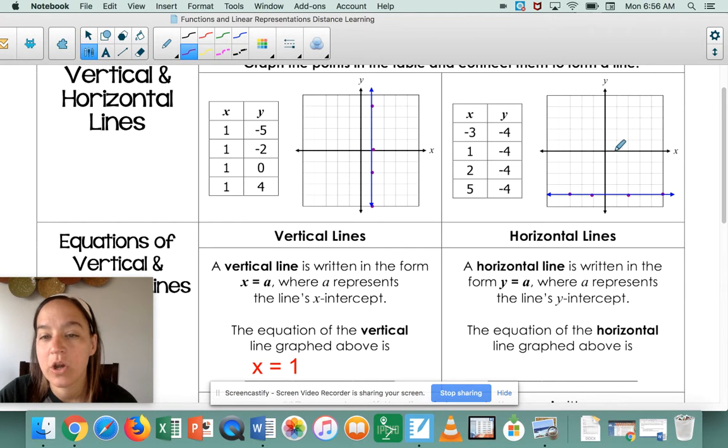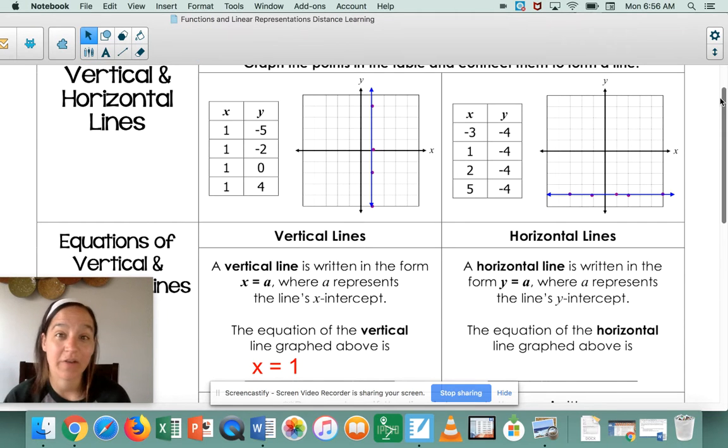It should be over 1, -4. And then 2, -4, and 5, -4. Now, it didn't really matter that I graphed the wrong one because I knew right off the bat Y was always -4. So I knew it was going to be all along that point, but it is important that we do graph the correct points.